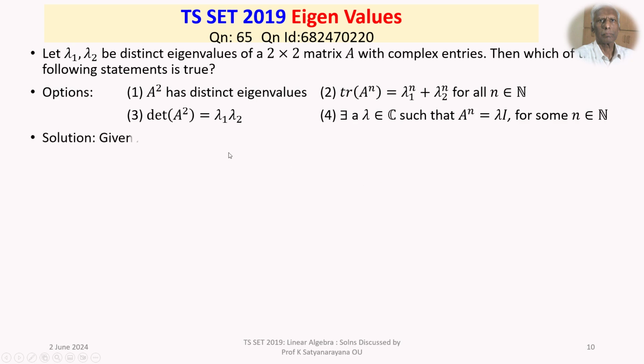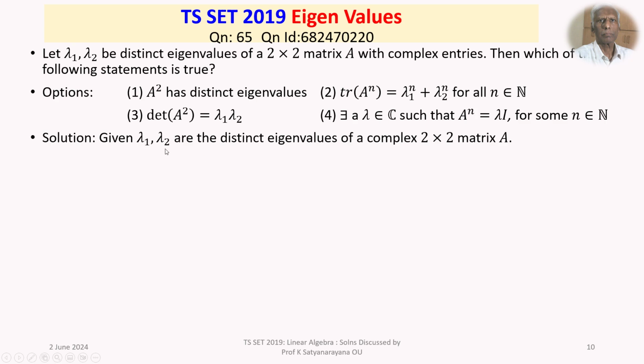So let's now discuss the solution of this problem. We are given lambda 1, lambda 2 are the distinct eigenvalues of a complex 2 by 2 matrix A. Note down the point. Agreed. Then I will have a glance at these 4 options.